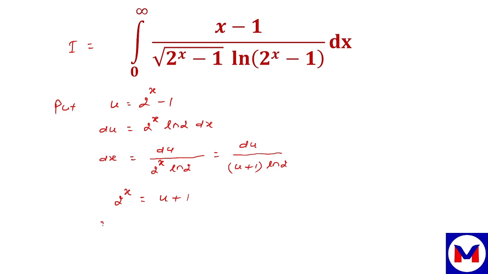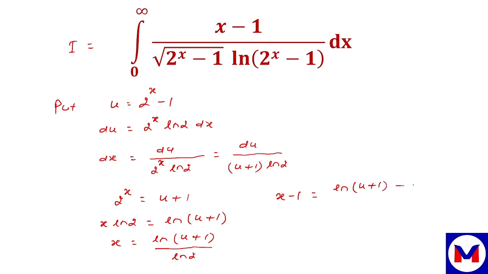Taking ln on both sides, we get x ln 2 equal ln (u plus 1), and x equal ln (u plus 1) upon ln 2, and for x minus 1 this becomes ln (u plus 1) minus ln 2 upon ln 2. This is all our transformation from x to u.